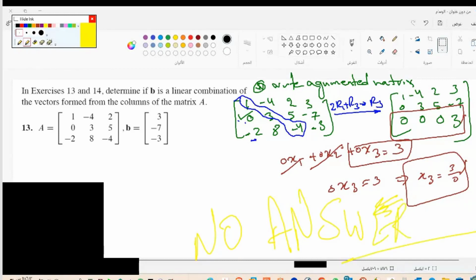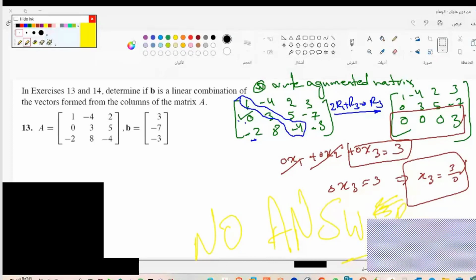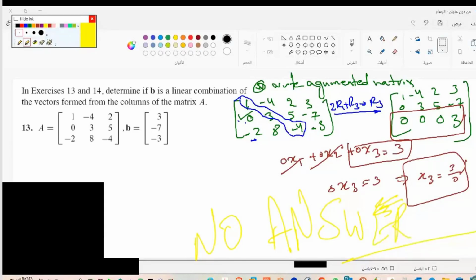So no answer and stop here. 3 over 0 is not defined. So answer: no answer. Stop.